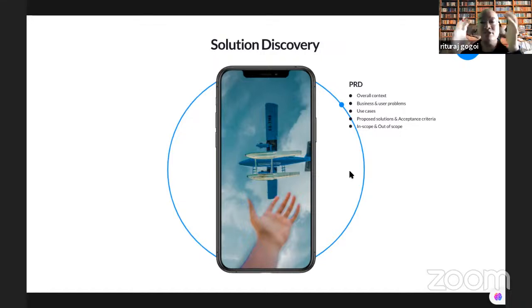Okay, and the business and user problems that we were targeting, because there can be 1,001 problems of users, but we as product managers cannot be focusing on all of them. So we need to identify the 2, 3, 4 major problems that we want to prioritize first.